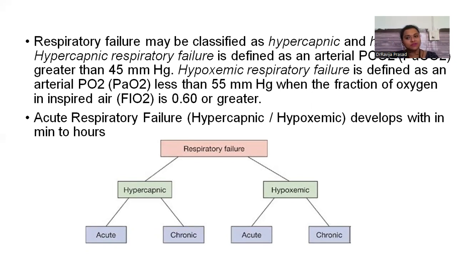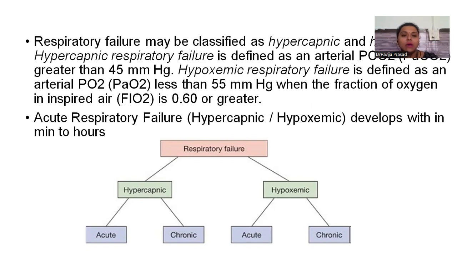Hypoxemic respiratory failure is defined as arterial PO2, that is PaO2, less than 55 mmHg when the fraction of inspired oxygen, FiO2, is 0.60 or greater. In acute respiratory failure, there are two conditions, that is hypercapnic and hypoxemic.